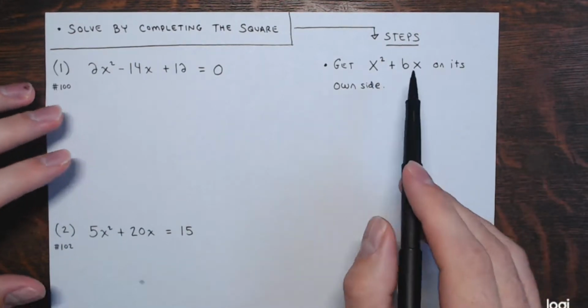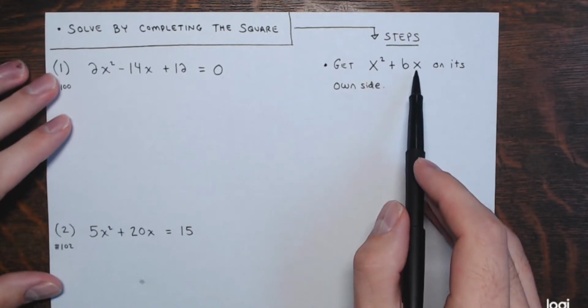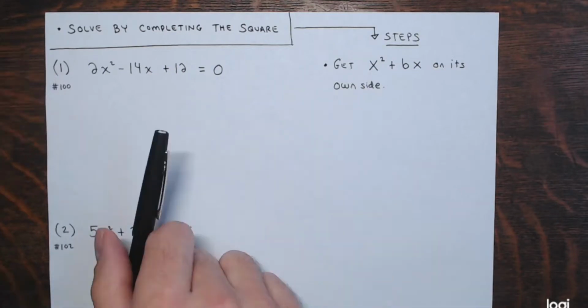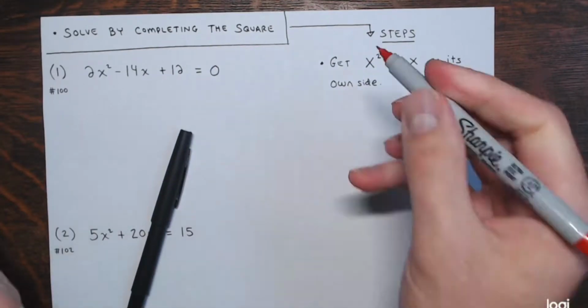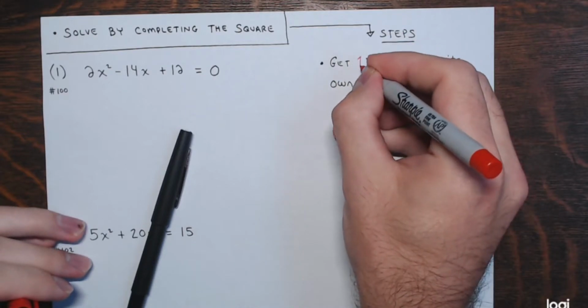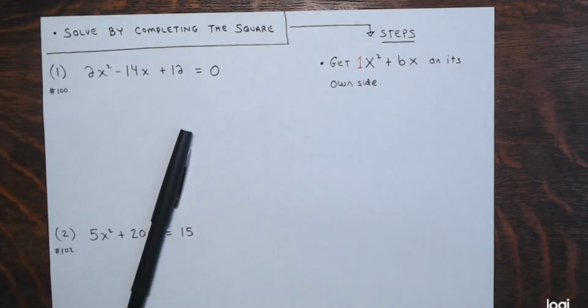Now notice that's the quadratic term and the linear term. And the quadratic term must have a coefficient of 1, 1x squared. And that's really easy to fix if it's not 1.